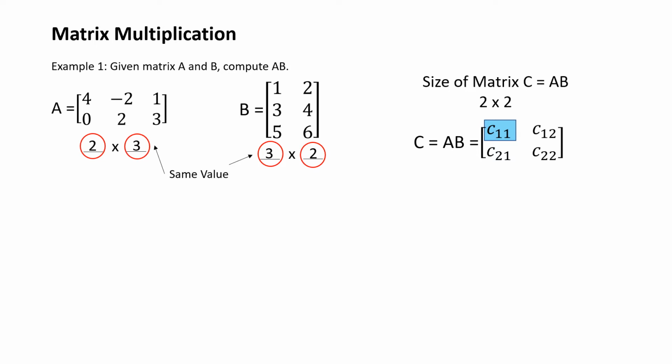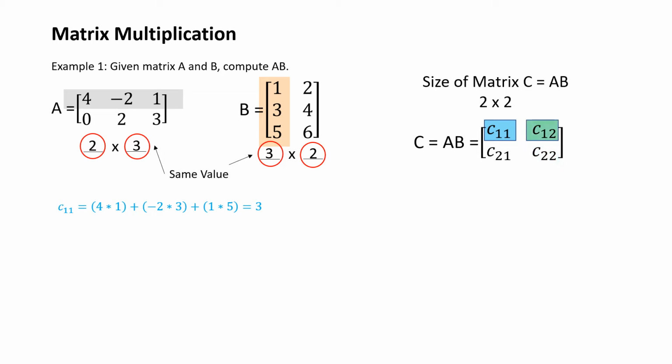In order to determine C11, we need to take the dot product of the first row in matrix A with the first column in matrix B. Therefore, we can see that coefficient C11 can be determined by multiplying 4 times 1 plus negative 2 times 3 plus 1 times 5 to give us a value equal to 3.